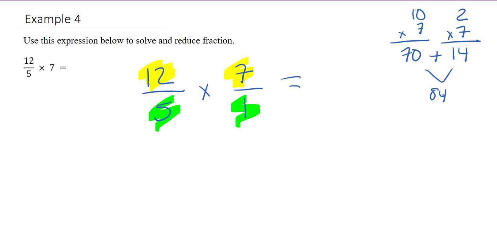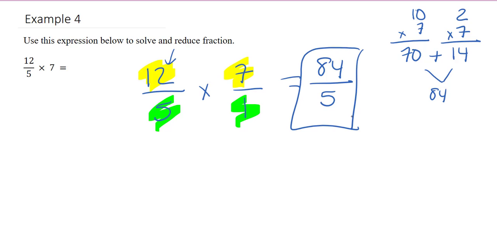So rather than doing 12 times 7, maybe you can do that in your head: 10 times 7 is 70, and then 2 times 7, because we have to do the leftover, is 14, and then you add those two together. So that's 84, and then we put it over 5, because 5 times 1 is 5. And that would be our solution, because it's reduced. There's nothing else we can further reduce this fraction by.